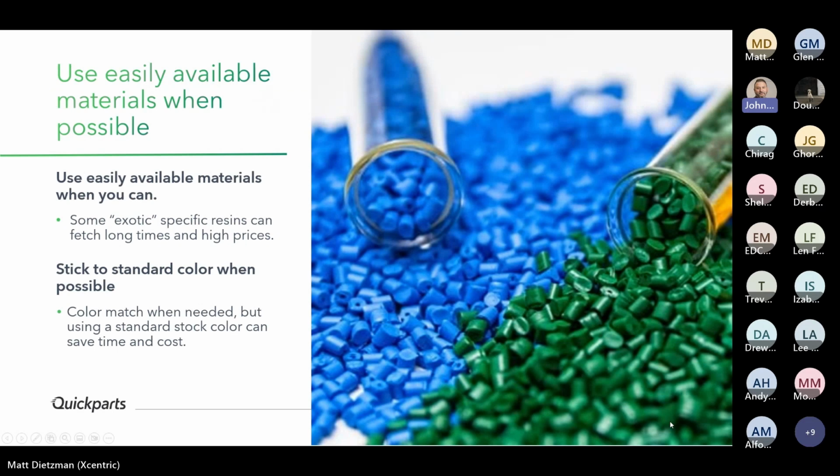So, yeah, when talking to, or consulting, a material house or whatever it may be, we want to make sure we're looking at easily or readily available materials when you can. Some of the specialty OEMs out there, they may guide you or push you towards exotic materials.